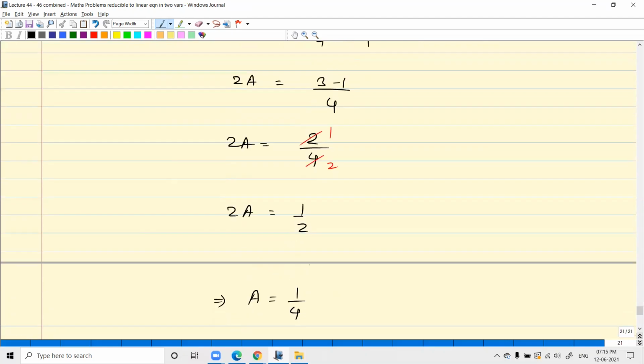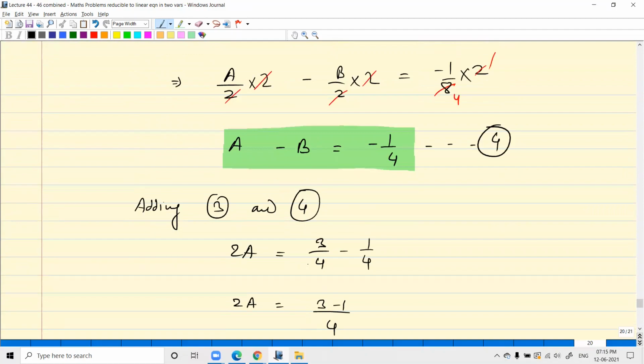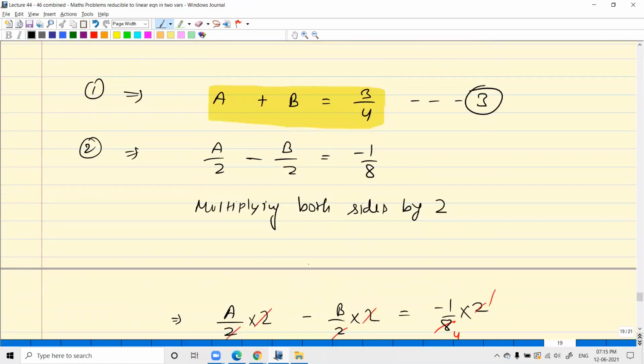Substitute this in one of the equations. I'll do that in the first one, I mean the third one.